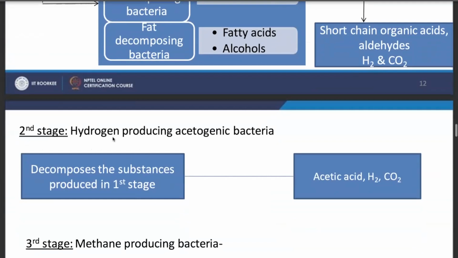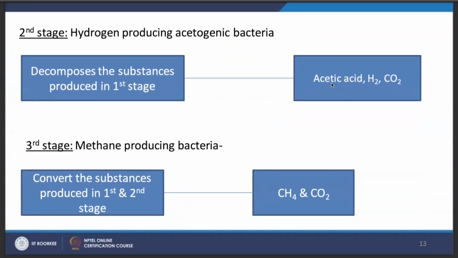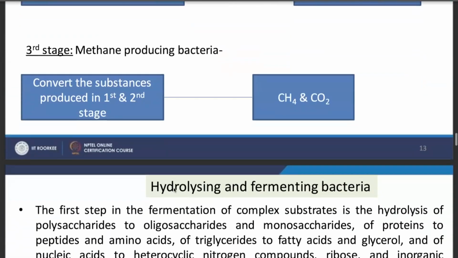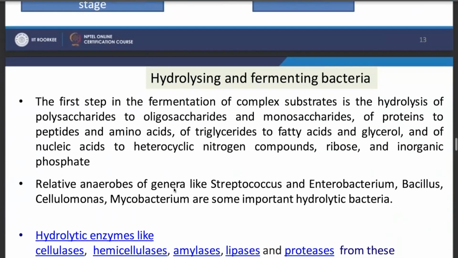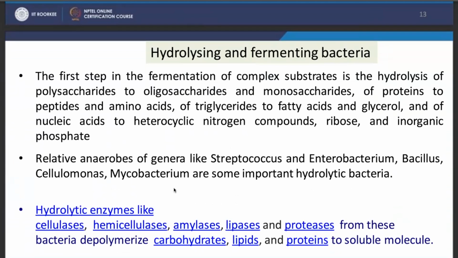These simpler molecules are further converted into acetic acid or H2. This acetic acid and H2 are then subjected to methane producing bacteria, and they produce methane and CO2, which is basically our biogas, right?